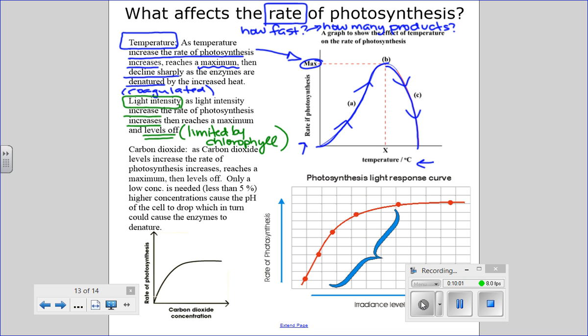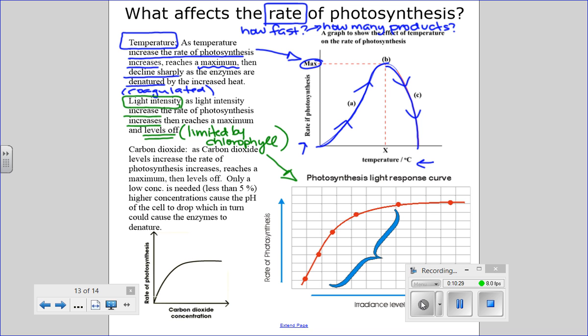So once all of the photosystems that contain chlorophyll have been activated, I can't do any more photosynthesis. I can only do as much photosynthesis as I have structures to accomplish the process. So light intensity increases the rate of photosynthesis to a maximum, and then it levels off. And the reason is the number of chlorophyll molecules that are available to absorb it is limited.